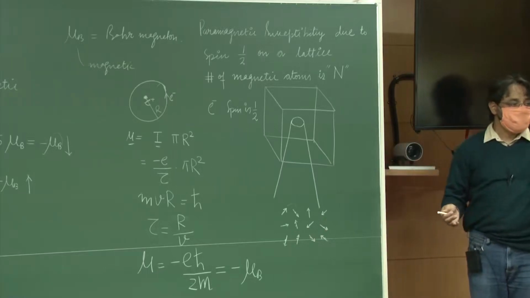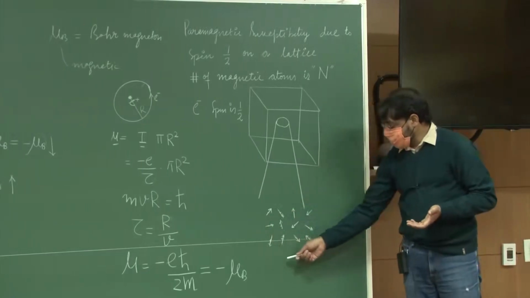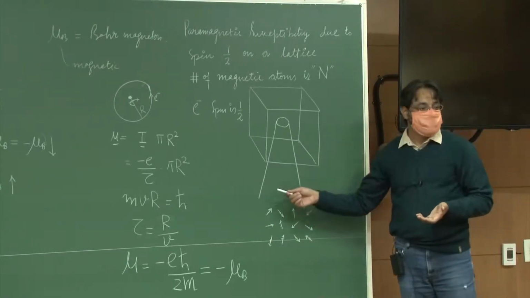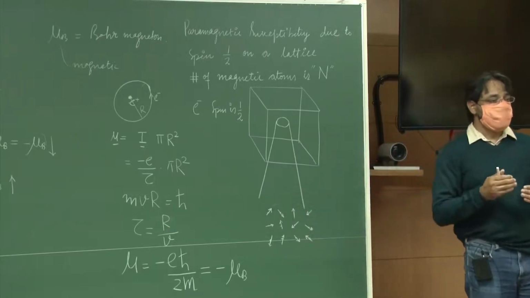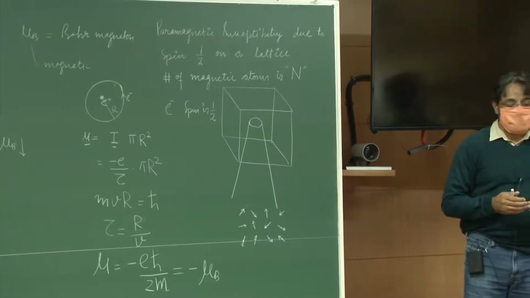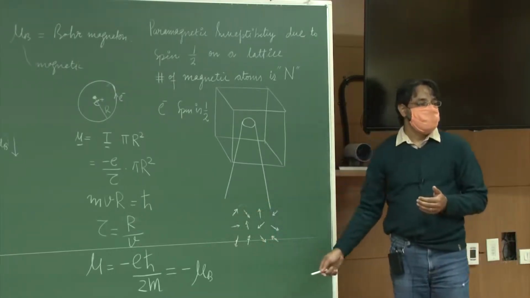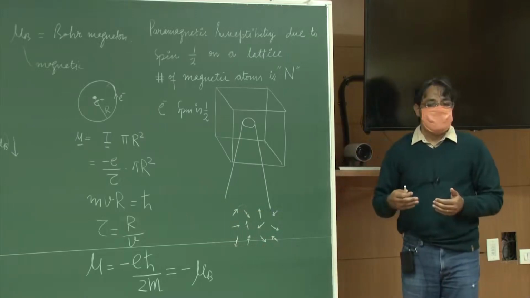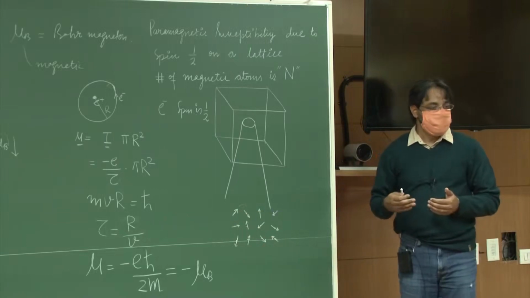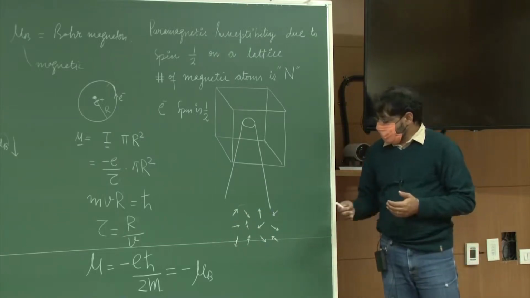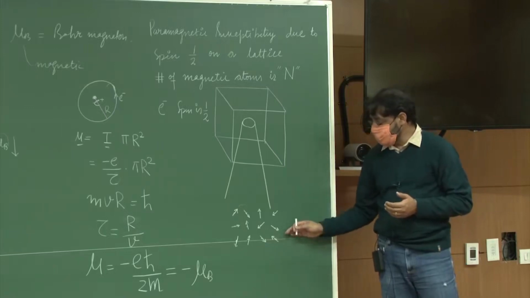What that means is that if you calculate the magnetization of this sample, which is defined as the net magnetic moment per unit volume, the magnetization will turn out to be 0, because there is no specific orientation along which the spins are pointing. They are oriented in a random manner. That is the snapshot at any time.